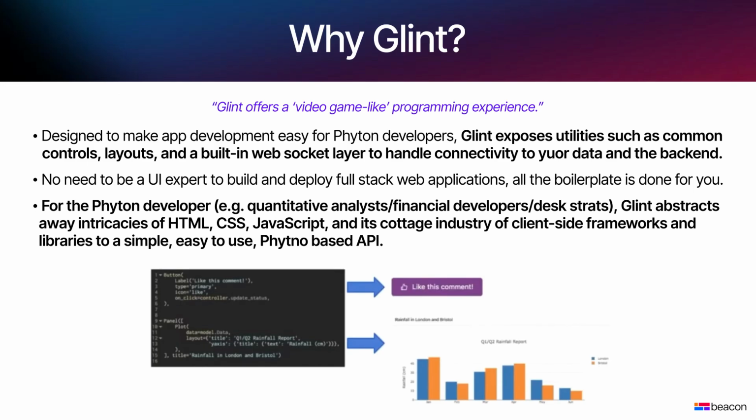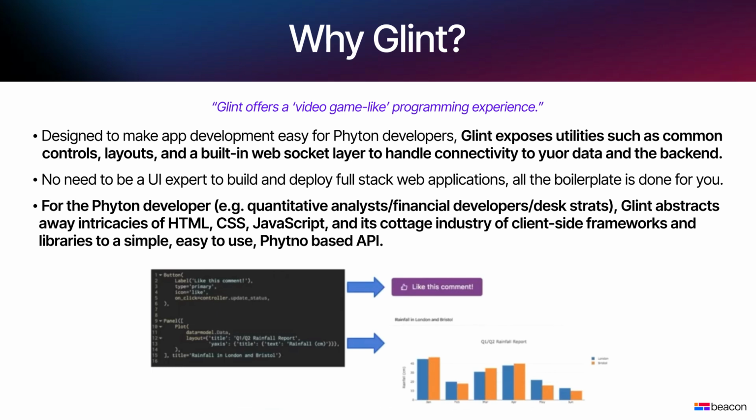Going back to the slides, I want to talk now about why we created Glint and where it really comes in handy. Often described as a video game-like programming experience, Glint was designed to make creating apps easy for Python developers. Glint exposes utilities such as common controls, layouts, and a built-in WebSocket layer to handle that connectivity to your data in the backend.